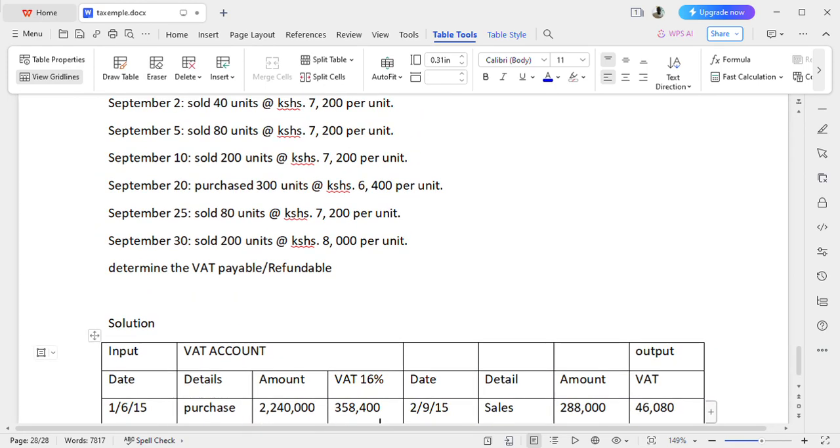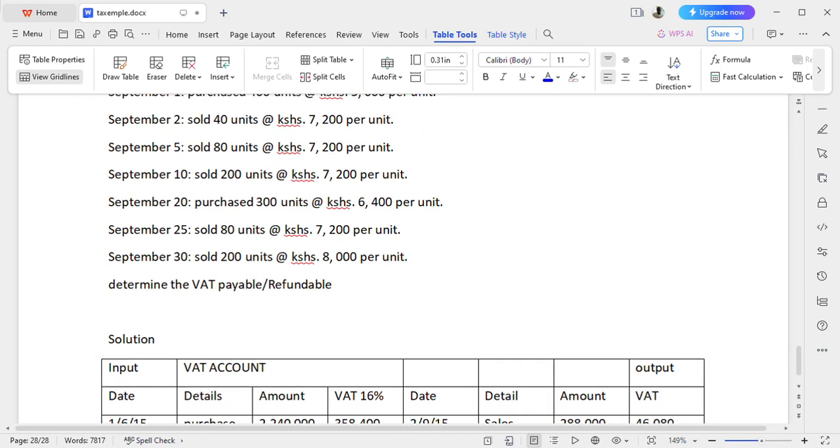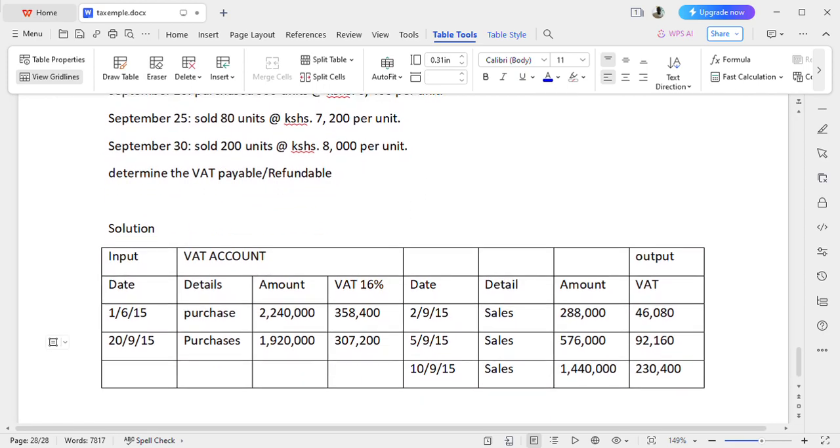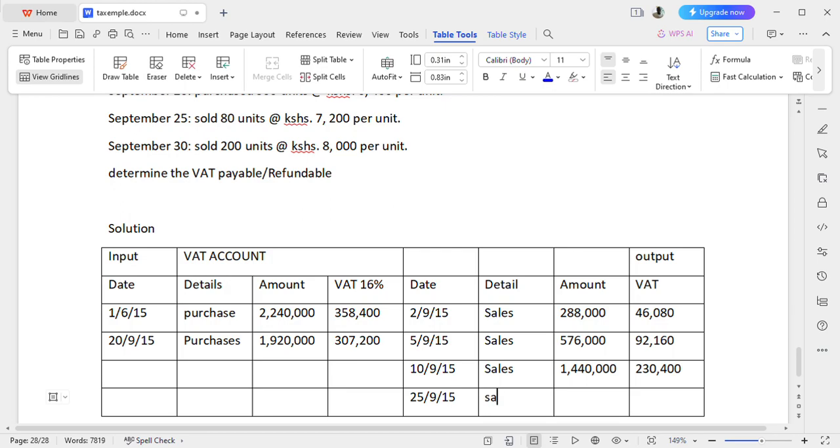Right. Next, on the 25th, sold 80 units at 7,200. The same month, same year, we made sales of 80 units.